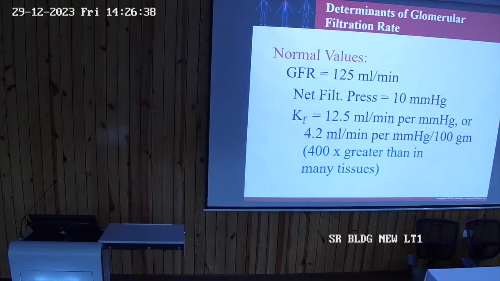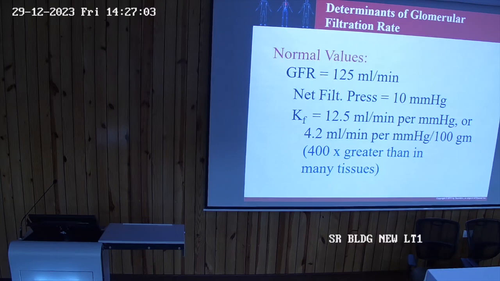So 24 hours, after a meal, during sleep, after change in posture, running, walking, there is fluctuation in blood pressure, but they are physiological changes. They are not pathological changes. So within a particular range, the glomerular filtration rate is maintained unless it meets the extreme end.